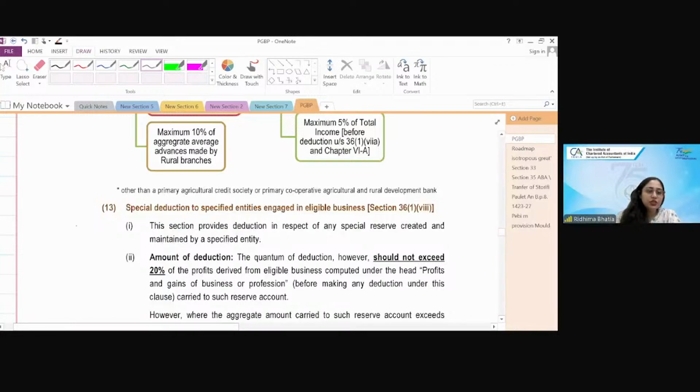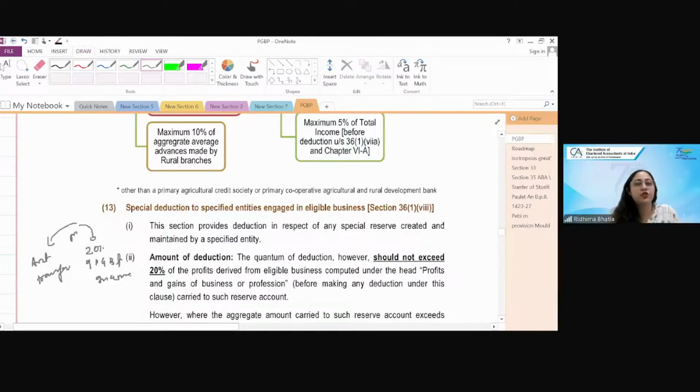Now, what is allowed as deduction? Whatever the amount they transfer, and once the amount of that reserve becomes 200%, that is twice the amount of the paid up share capital in the general reserve, that is the limit. My paid up share capital is 100 crore, now 200 crore has already been reached in the reserve. So once it crosses 2 times the paid up share capital in general reserve, I will not be allowed deduction. In that reserve, only till twice the amount of paid up share capital in general reserve can be allowed.